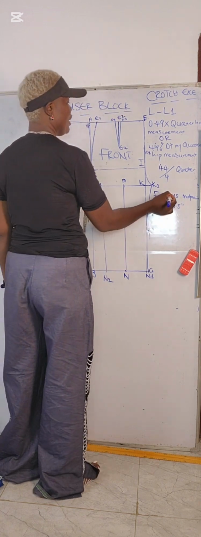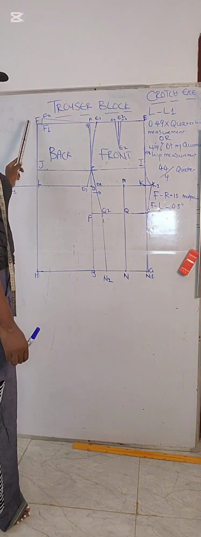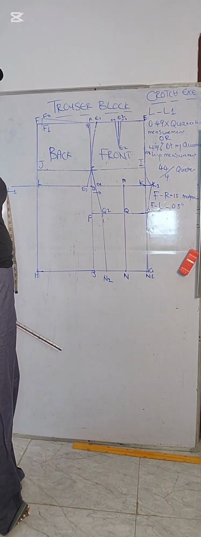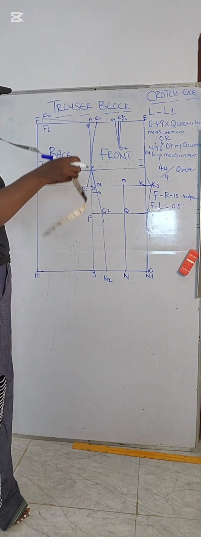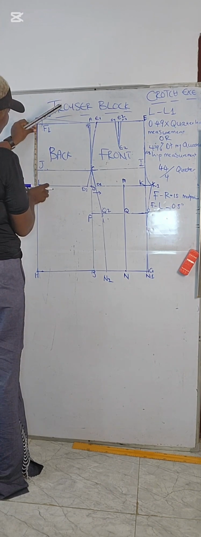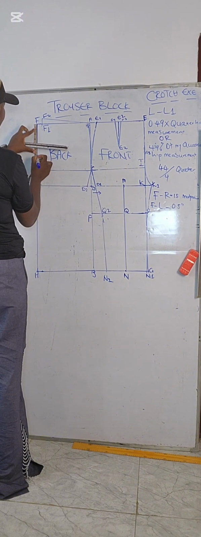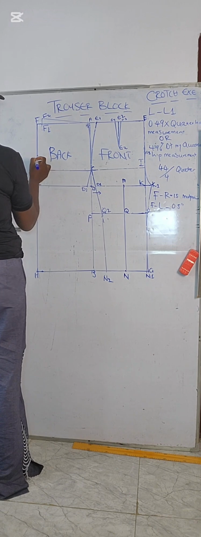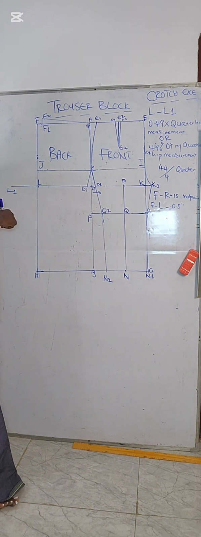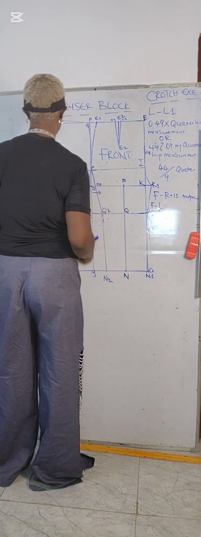F to R is midpoint of F and L. So this is my F, this is my L. I'll get the midpoint of F and L. That is my R. So my R is midpoint of F and L. So I'll come here, I'll get the midpoint of F and L. So here is my R.